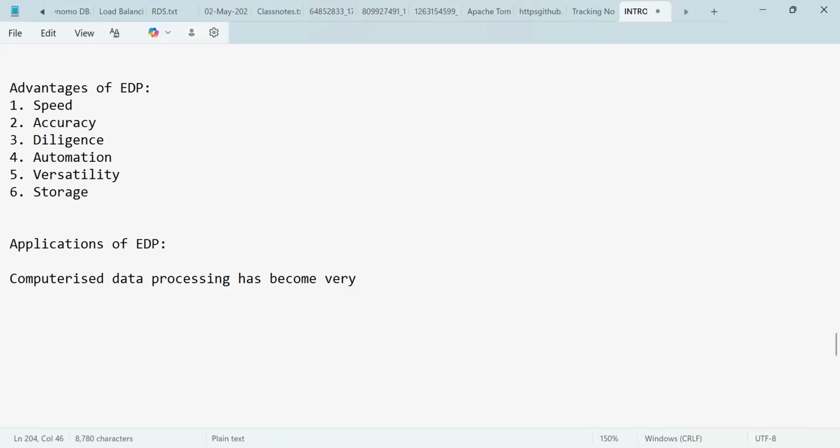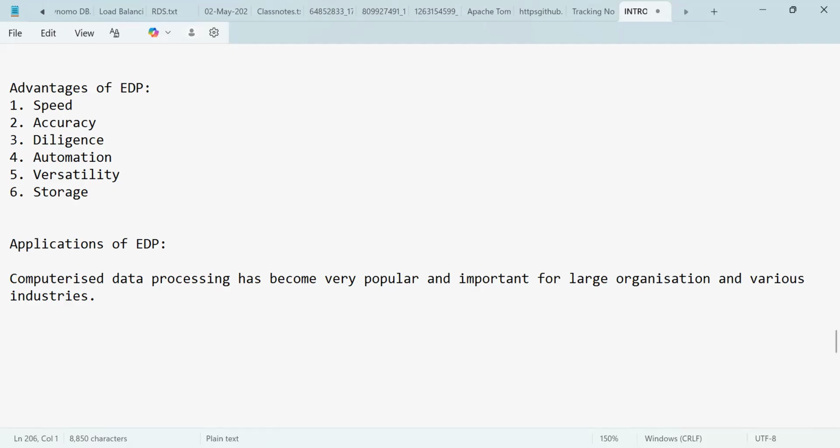Computerized data processing has become very popular and important for large organizations and various industries. So everything will be used in a computerized form.